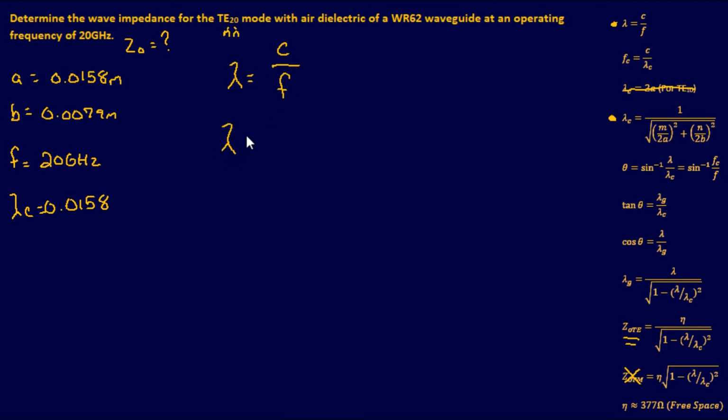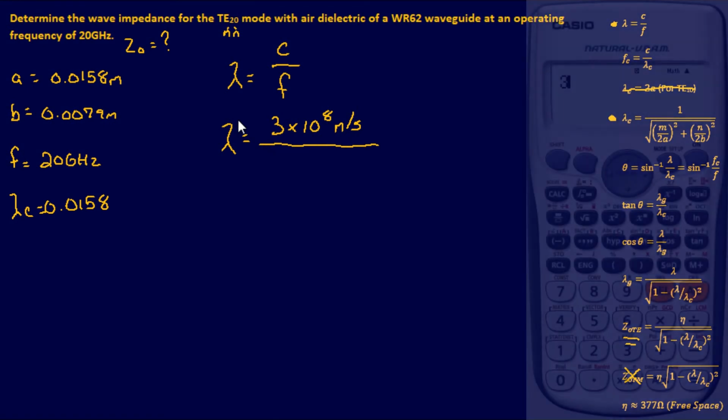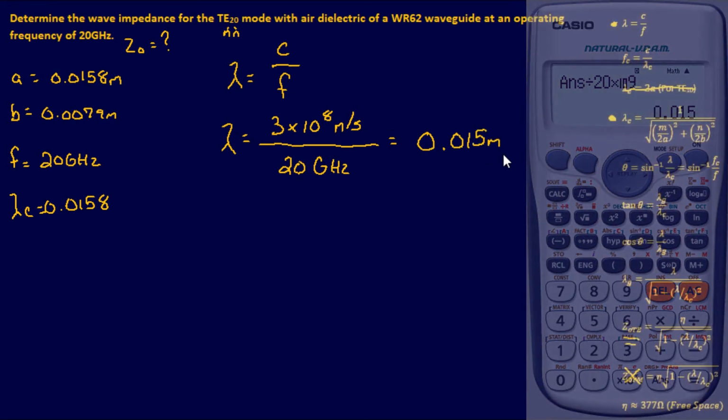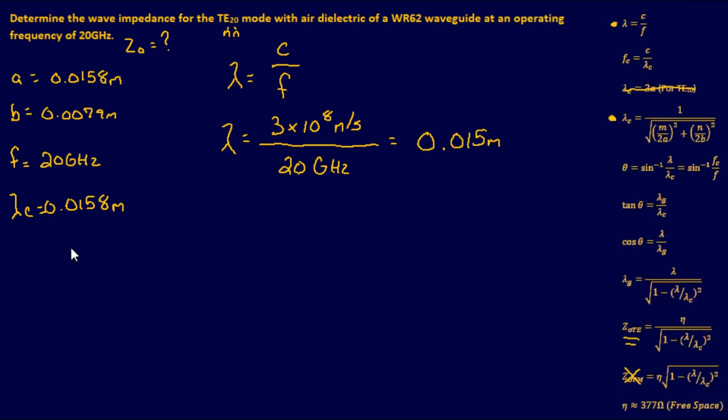Wavelength equals 3 times 10 to the 8 meters per second over your frequency, which we have right here, which is 20 gigahertz. And that's a very easy plug and chug. It's going to give us an answer of 0.015 meters. And I'll make sure I put my units here as well. So we'll bring this over here.